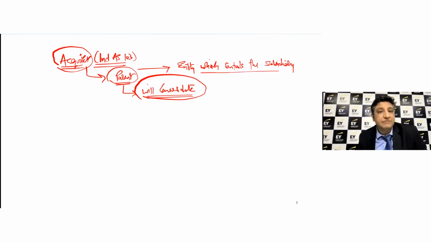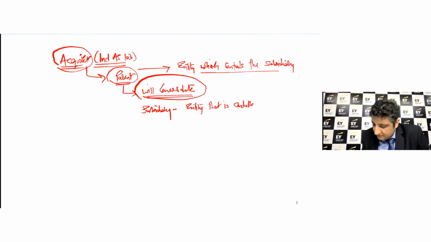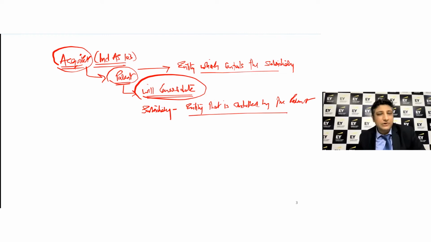It's a definition within Ind AS 110. It says that parent is an entity that controls the subsidiary, right? Interesting definition. A subsidiary is an entity that is controlled by the parent. Okay, that's how you look at these definitions. Parent is an entity that controls the subsidiary, and subsidiary is an entity which is controlled by the parent.